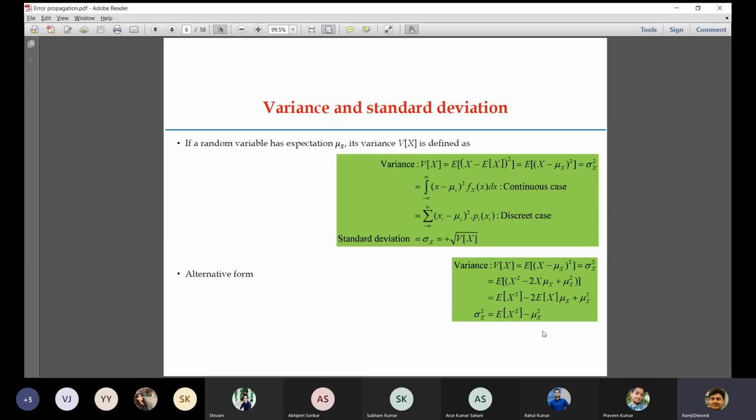The moment you know expectation of x is mu x, what you are trying is correct, but for what purpose are you saying it? Sigma x square as E of x square minus E(x) square, like that. Yes, sir, that's fine. As long as you follow the content, that's fine.